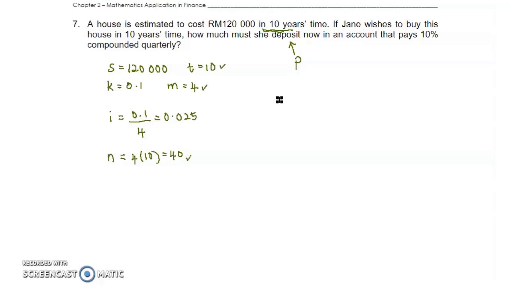Now we want to find P. So make P the subject from the compound amount formula S equals P(1 + i)^n. So P equals S divided by (1 + i)^n.